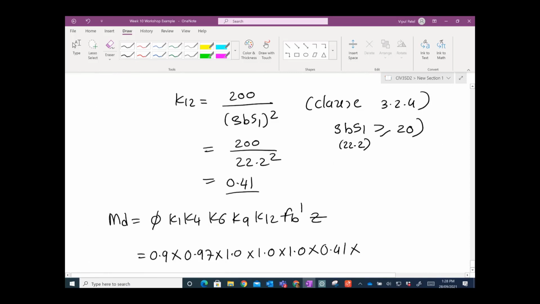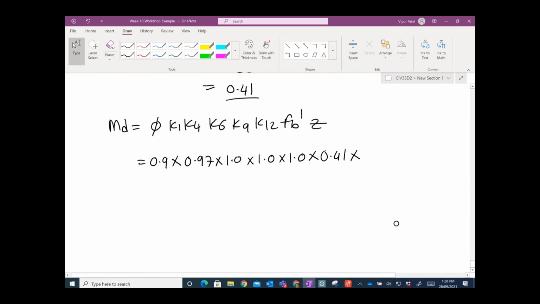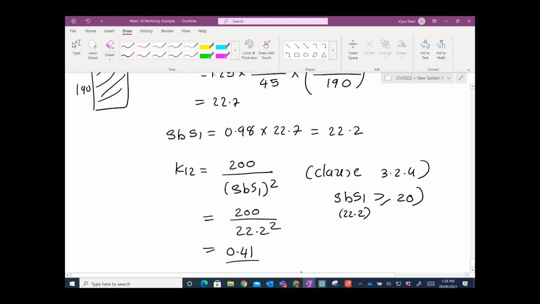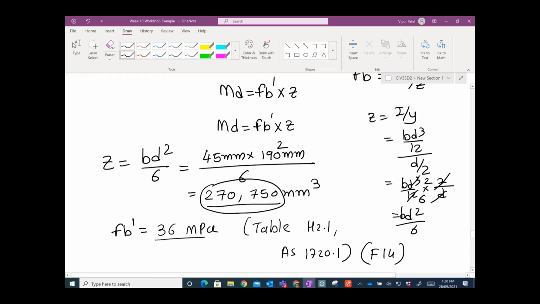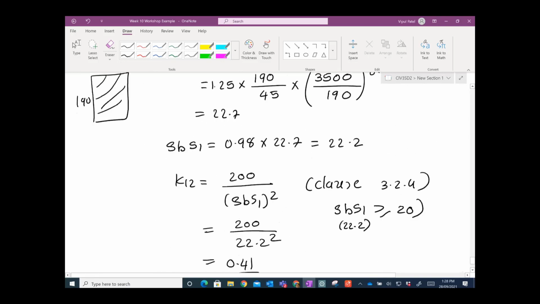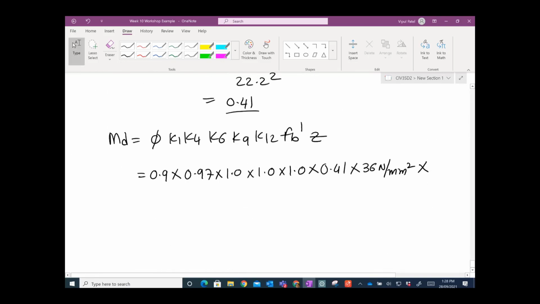So that is 36 Newtons per millimeter squared, megapascals, times the Z value we calculated, section modulus bd squared on 6. You have 270,750 millimeter cubed. So 0.9, 0.97, 0.41, 36, 270,750.